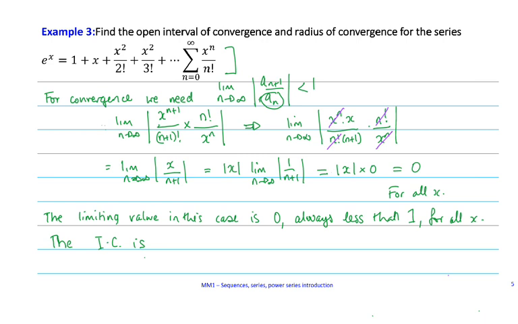It's always less than 1. No matter what x values there are, this thing's equal to 0. So the interval of convergence is going to be for this particular series exactly negative infinity to infinity. So all values of x.